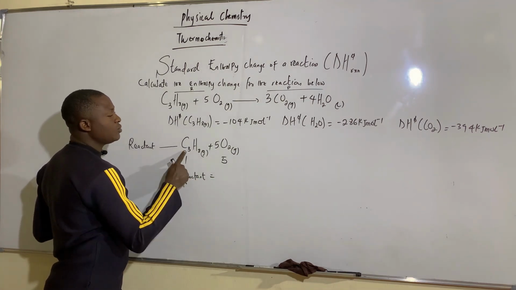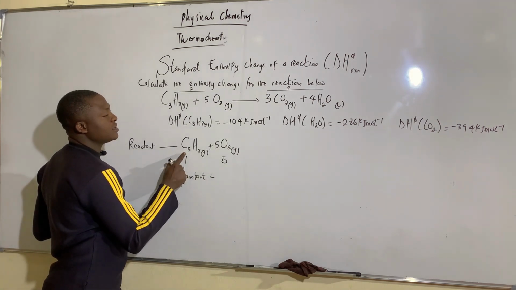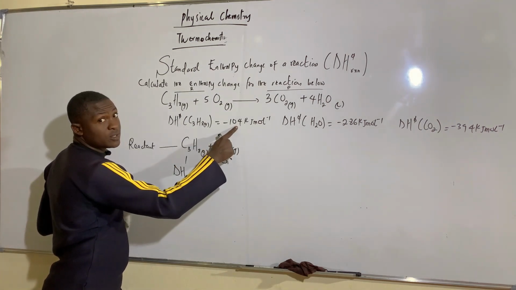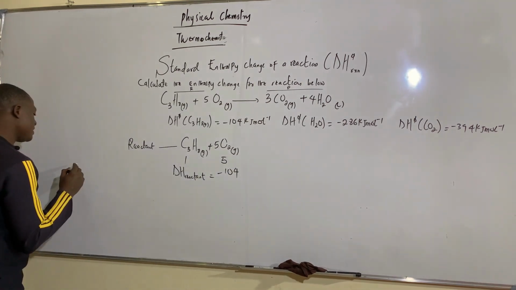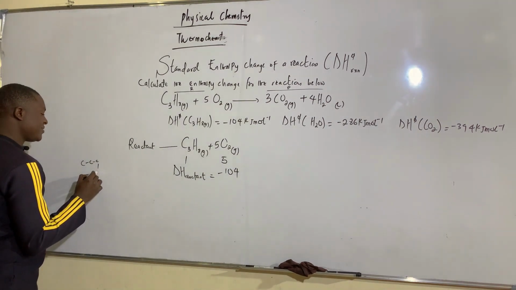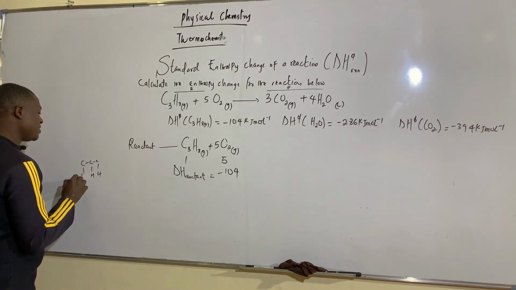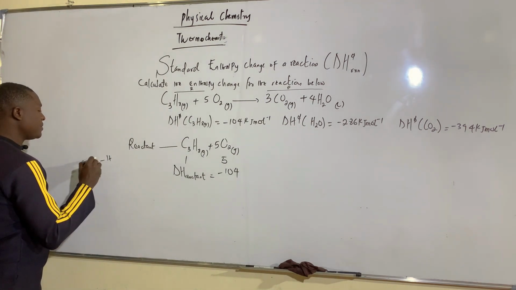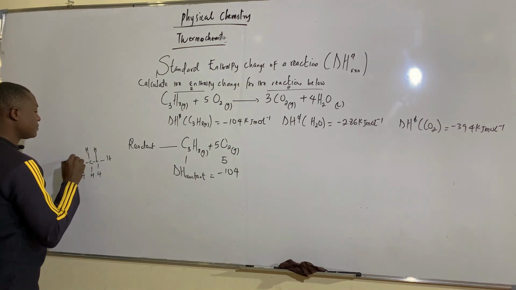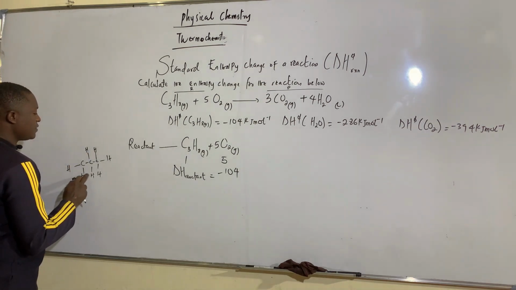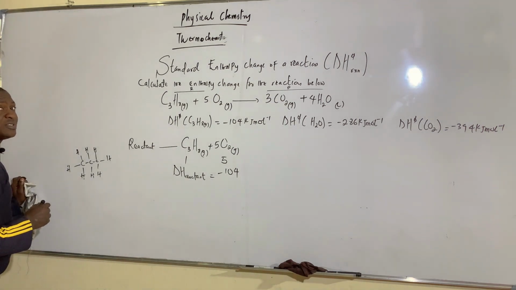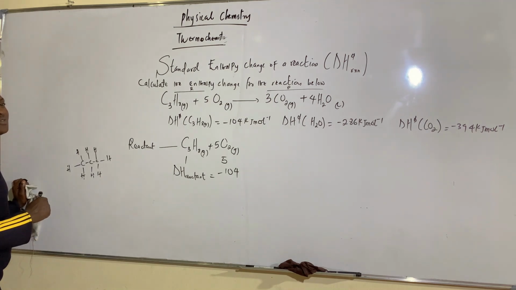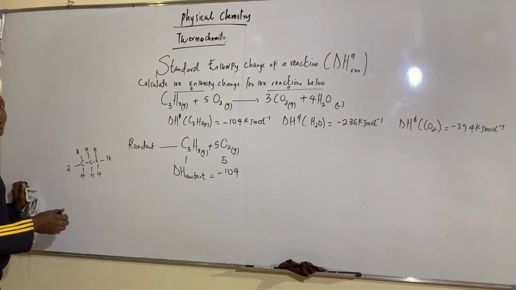From the problem, C3H8 is given as minus 104, so that is minus 104 times 1. That is propane, and you will enjoy more of it in organic chemistry, which we are coming to as well.